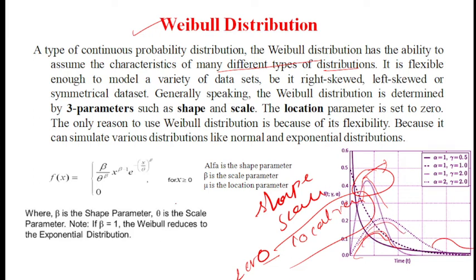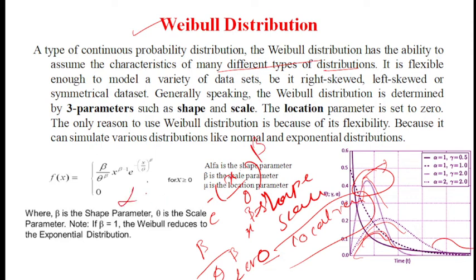What is the formula for this Weibull distribution? Beta by theta power beta into x power beta minus 1 into e power minus x by theta whole power beta.